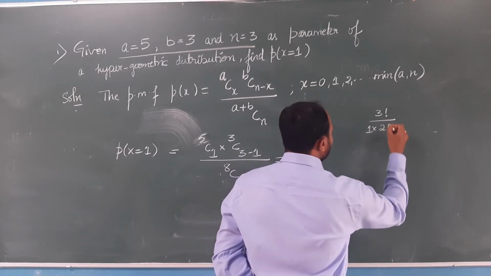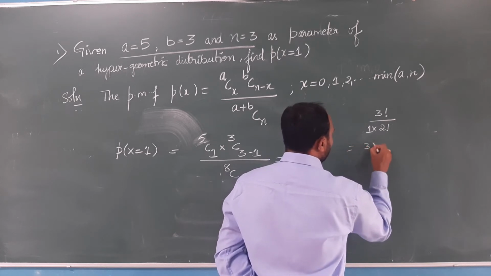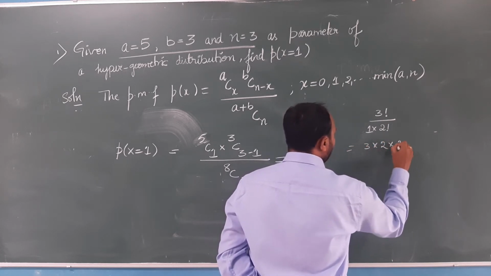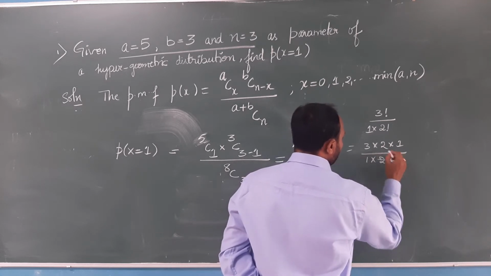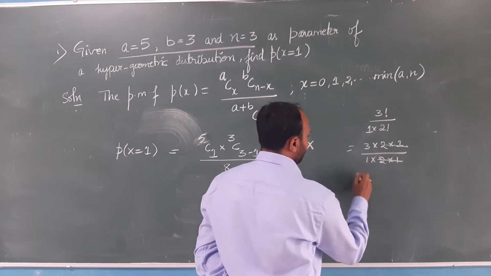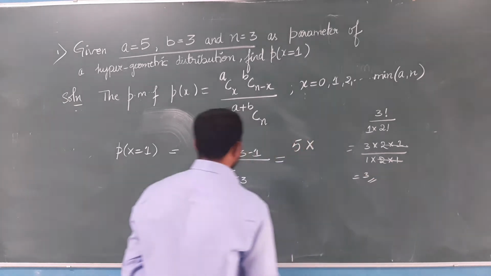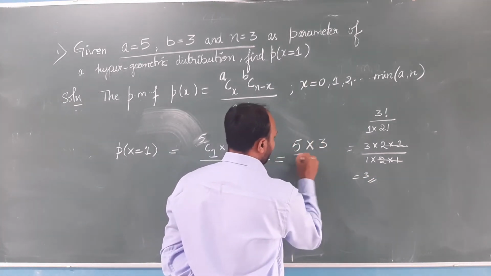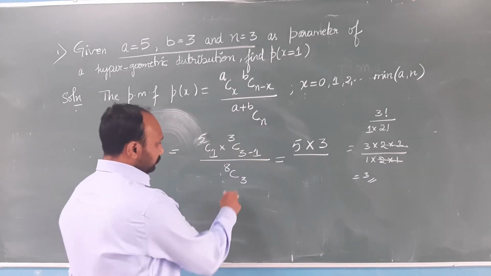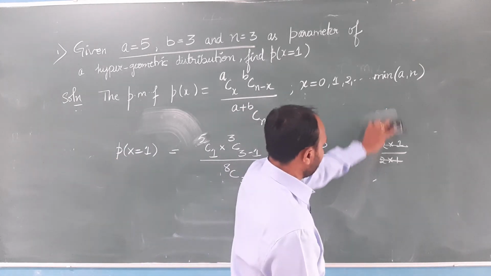So 3 factorial is 3 into 2 into 1 divided by 1 into 2 into 1. The 2 into 1 cancels, and we are left with only 3. So 3C2 is 3, divided by 8C3.